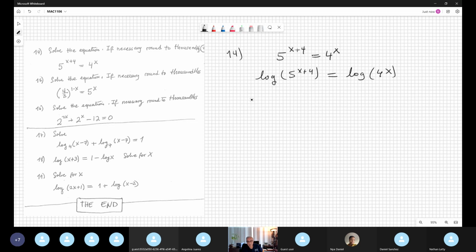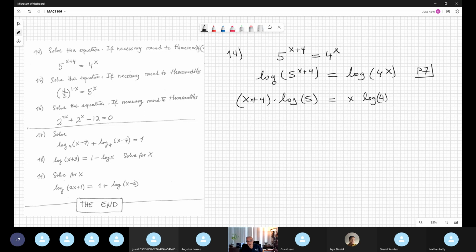4 to the x. So you apply property 7, and like magic, the exponent goes all to the front as a factor. I put parentheses because it's a binomial, so as not to get confused. Here it's similar, but it's just x, a monomial, times the logarithm.